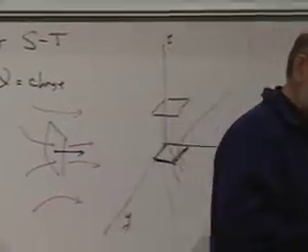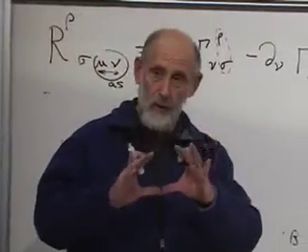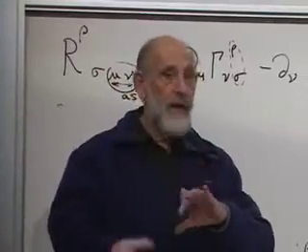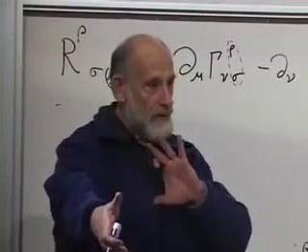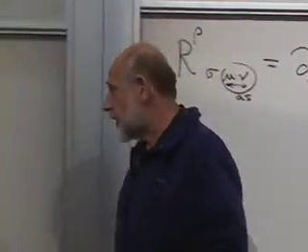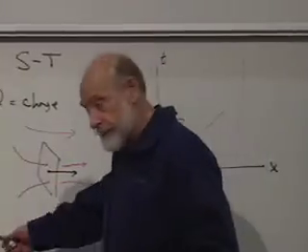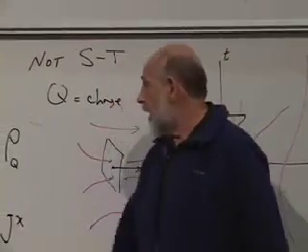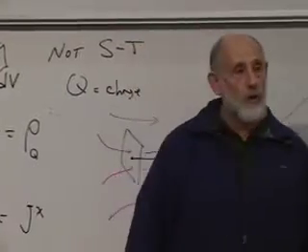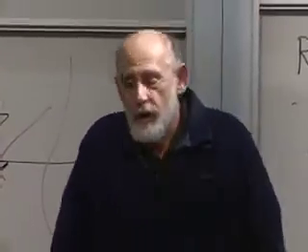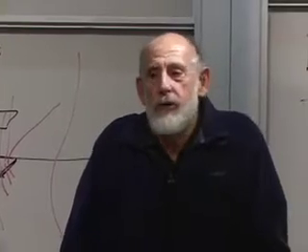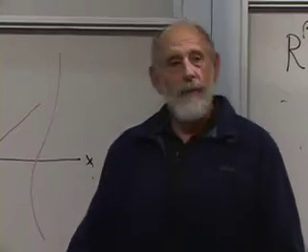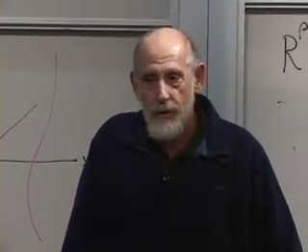If you want to know what Jy is, you take your window oriented perpendicular to the y-axis, and you ask how much charge is going from the negative side of the y-axis to the positive side per unit time, and that becomes Jy. Now notice both rho and J are charges per unit... How many powers of a length does a volume have? 3. Now remember that time and length are measured in the same units.